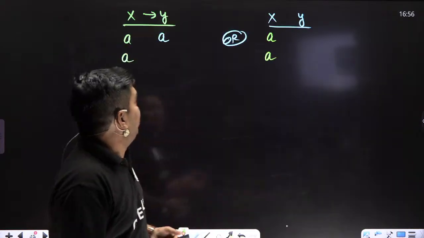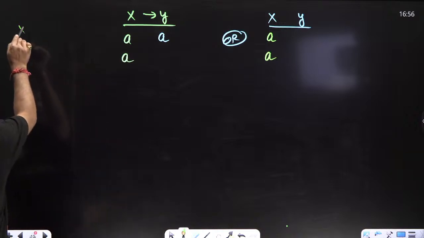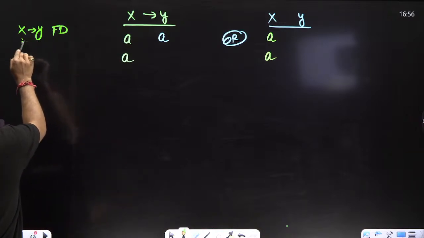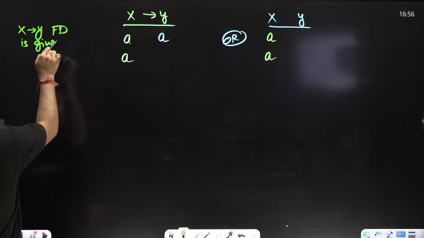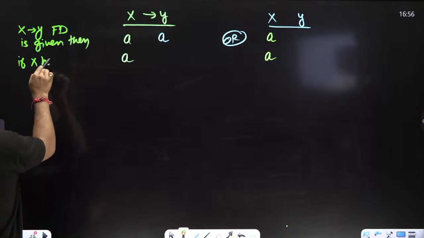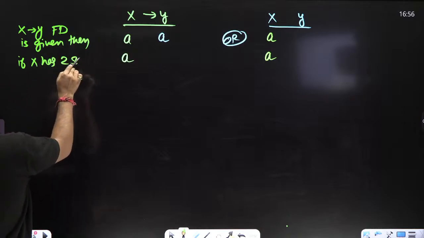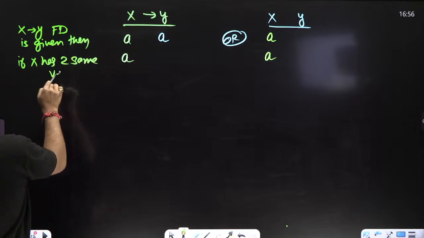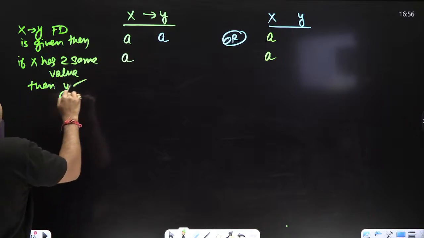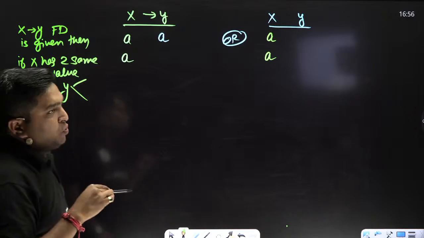And how with the given FD set? If X determines Y, FD is given, then if X has two same values, why are there two cases?